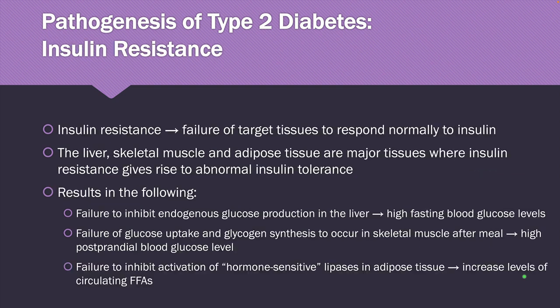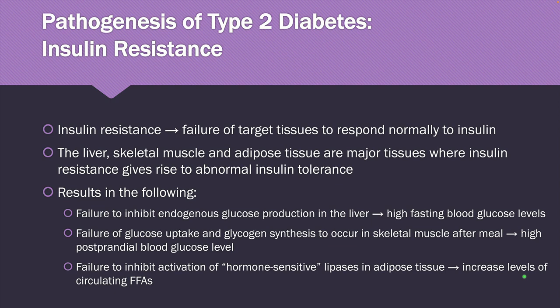As I've mentioned kanina, insulin resistance means it's the failure of target tissues to normally respond to insulin. And your major peripheral tissues will be the liver, skeletal muscle, and adipose tissue. If you have insulin resistance, it results in the following. You have failure to inhibit endogenous glucose production in the liver, causing high fasting blood glucose levels.